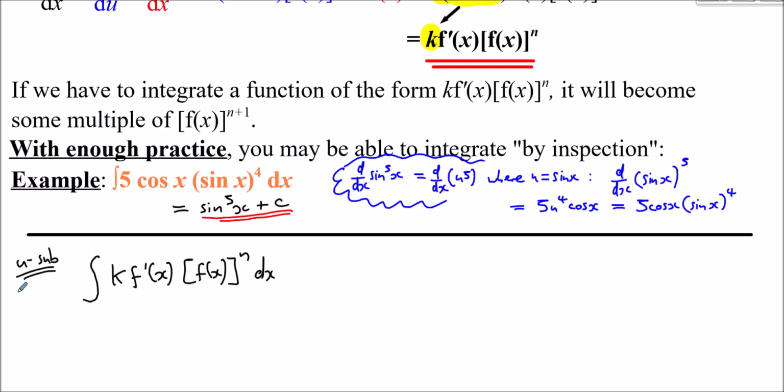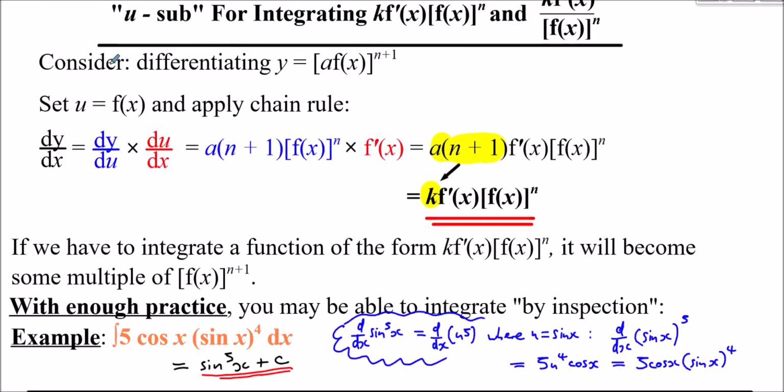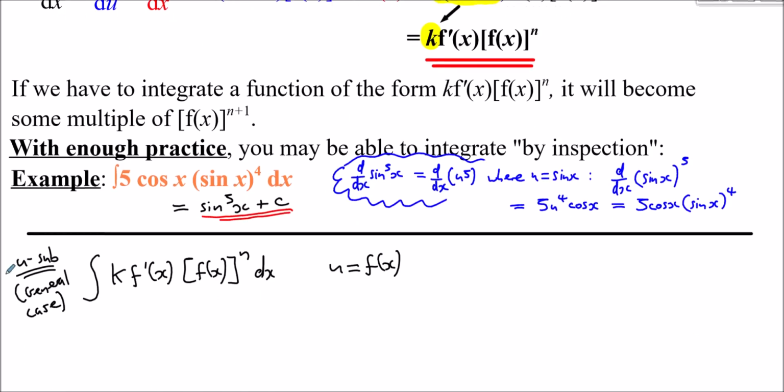So in general, this is the general case. If you're integrating something where it's a constant multiplied by the derivative of what's here, maybe to some power, maybe not, we can set u to be f of x. Just as above, we set u to be f of x here. But now we're doing the same, but in reverse.